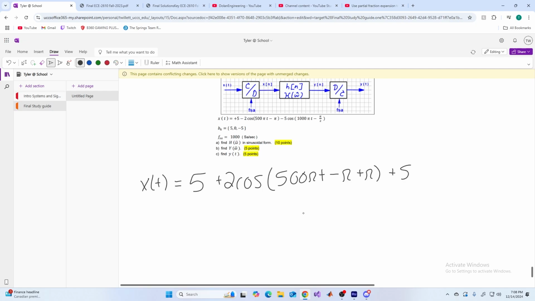Minus 5, so it's going to be 5 cosine 1000 pi t minus pi divided by 2 plus 2 pi divided by 2.